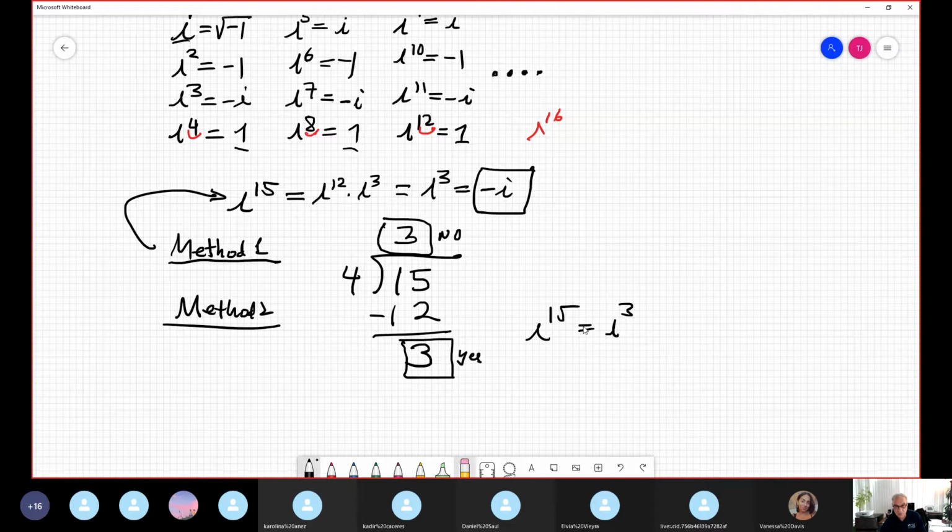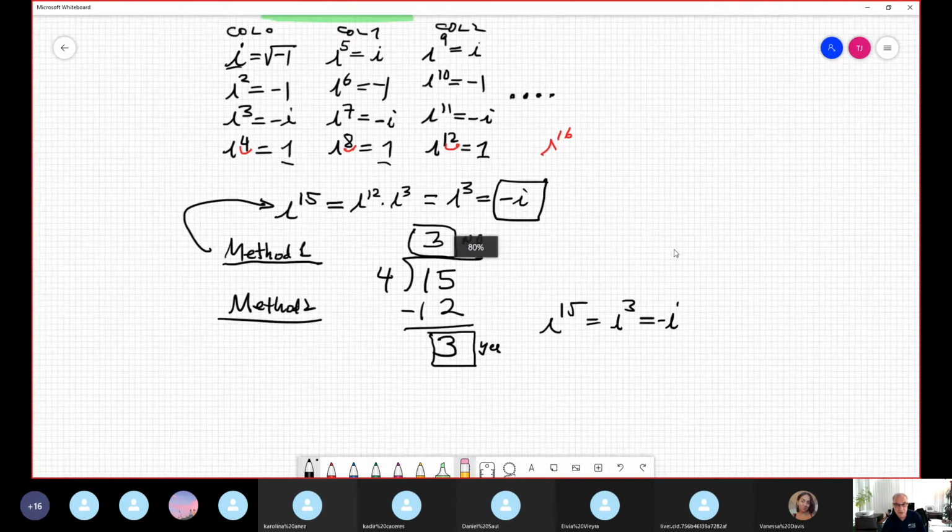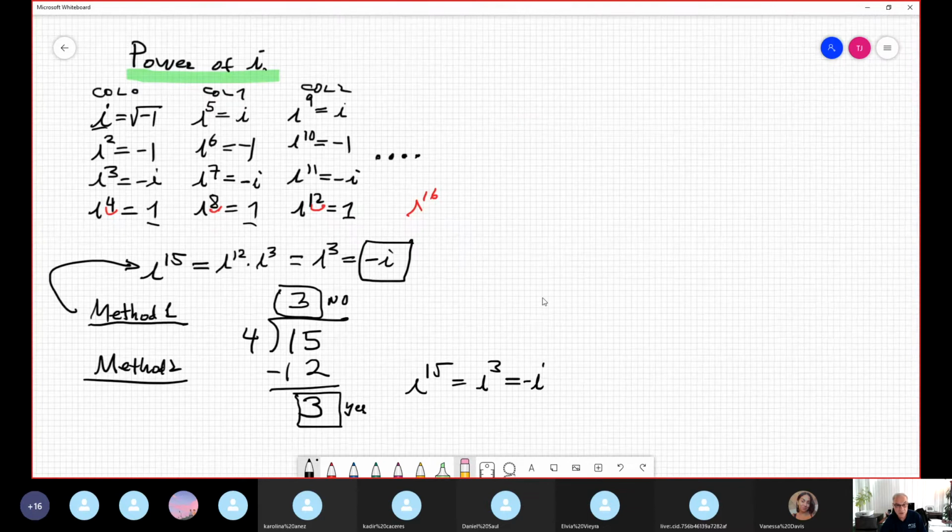I want to see another example. In this case I to the cubic is negative I. So you divide by 4. Don't worry. Let's do several examples of this until you understand very well the idea. For example, suppose I continue this pattern in the next column, column 3.